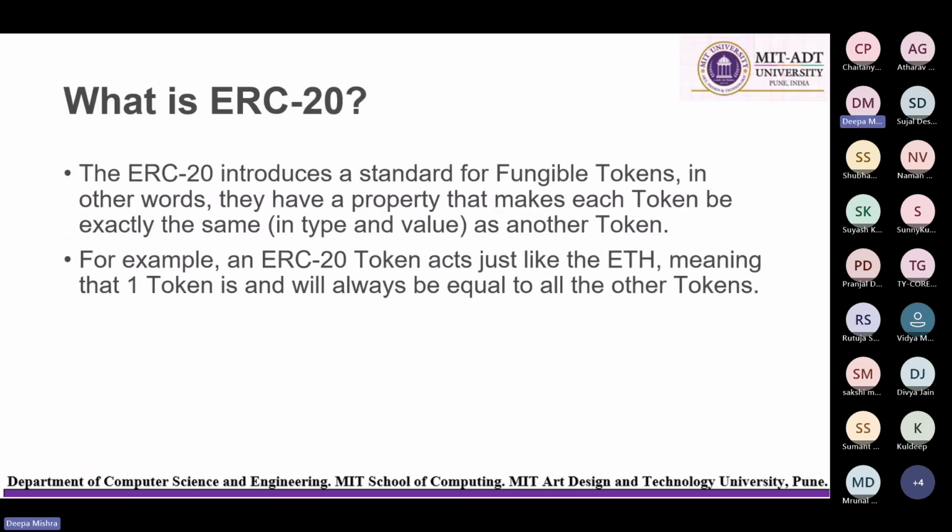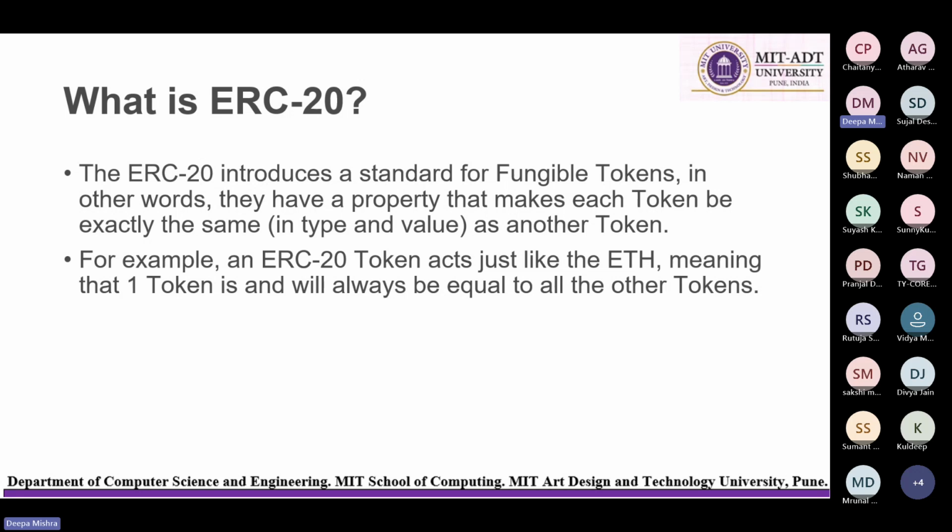Next, moving to what is ERC20 token. The ERC20 introduces a standard for fungible tokens. So ERC20 directly is not a token, it's a token standard. So what is this standard? This consists of properties that make each token exactly the same.